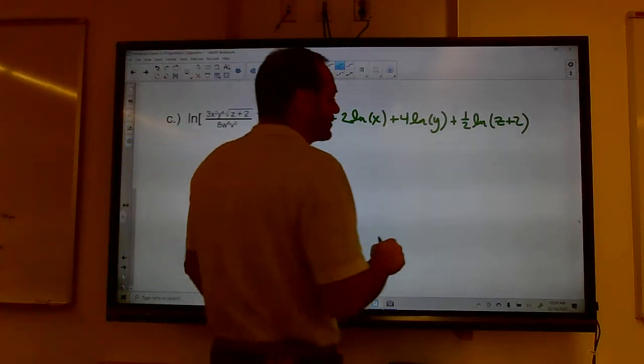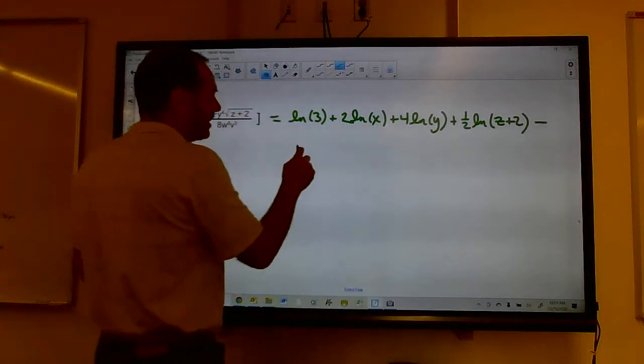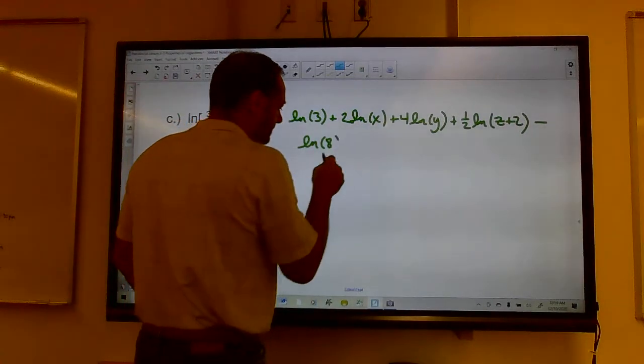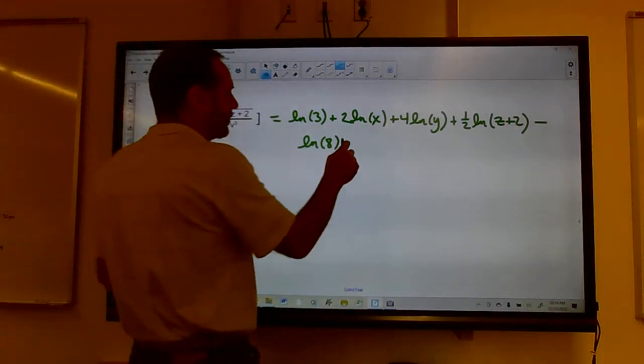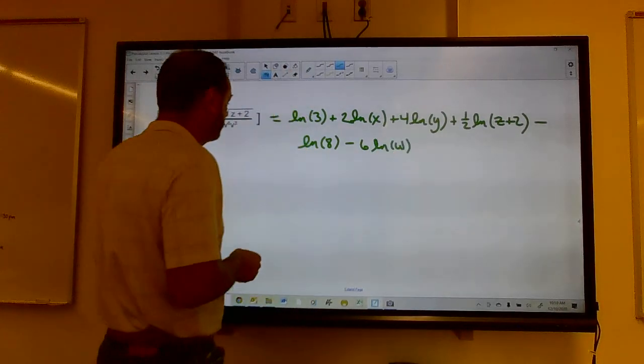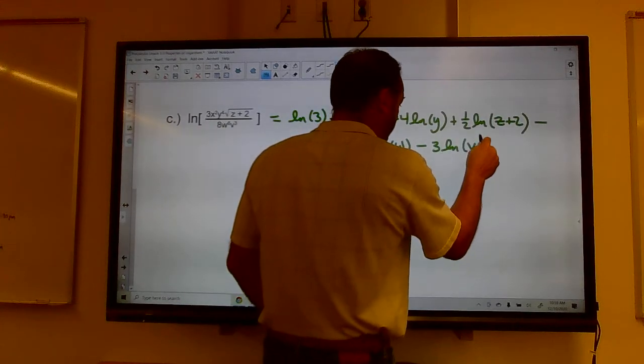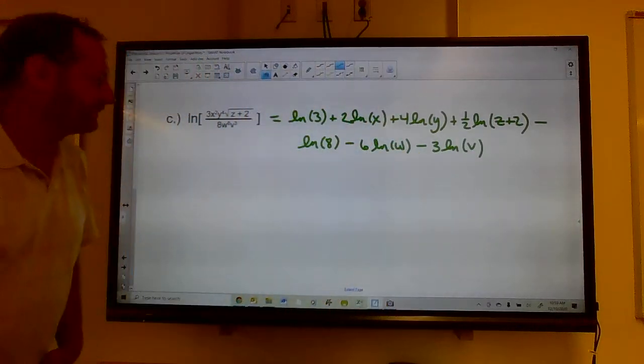Now I'm going to subtract the natural log of 8. I'm going to subtract 6 times the natural log of w, and I'm going to subtract 3 times the natural log of v.